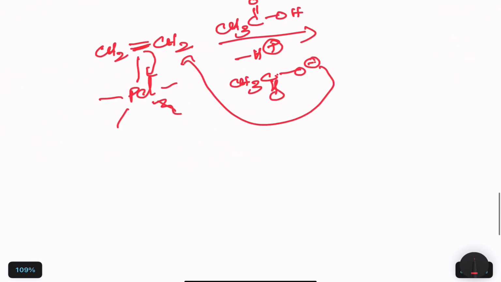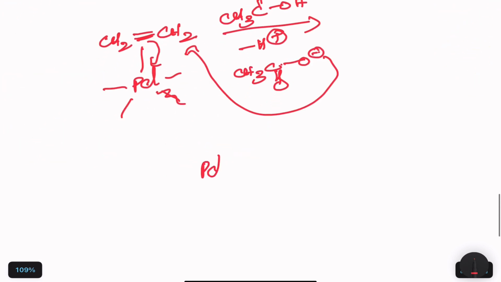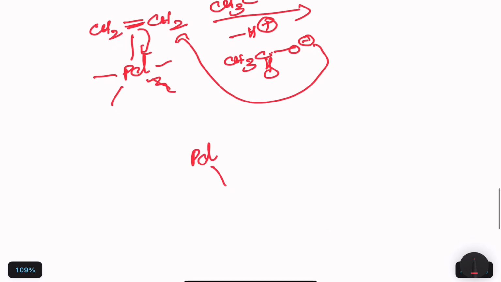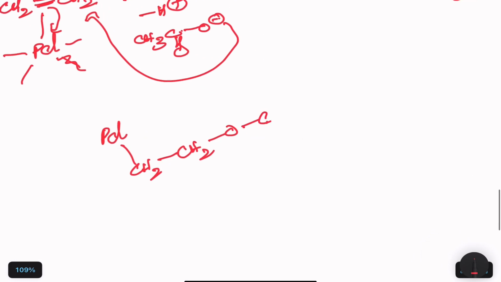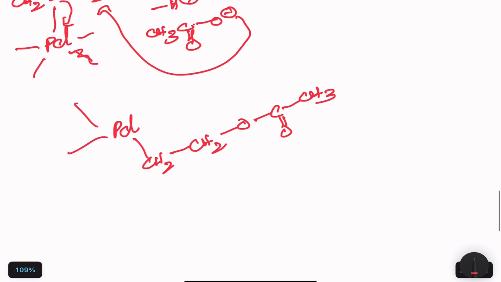Okay, so what is happening? Palladium is there, and then our carbon CH2 will be there, and then CH2 OCO CH3. So this is how it will be. The rest will be chlorine.